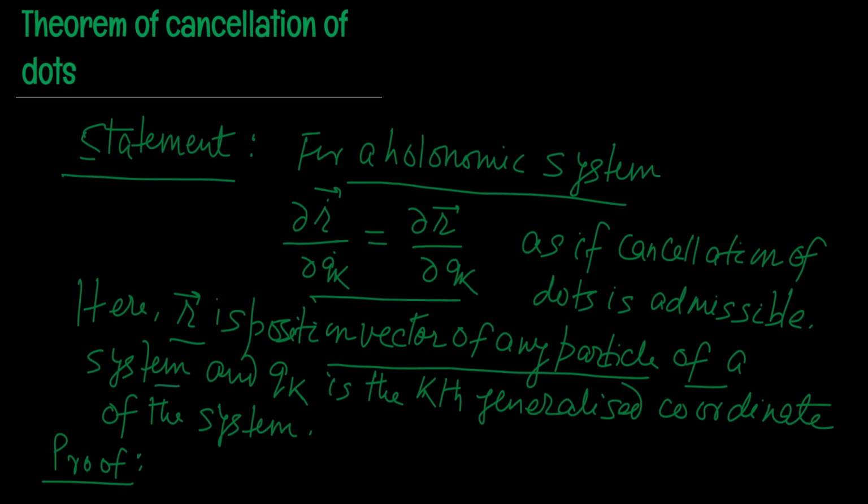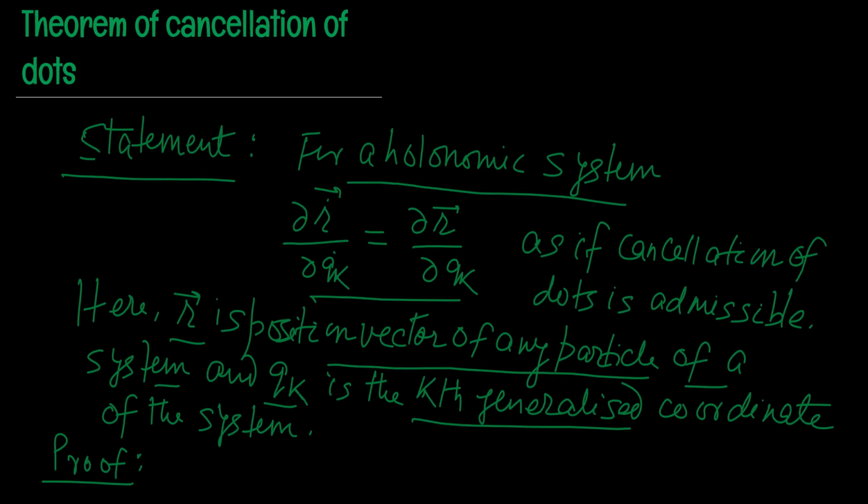And qk is the kth generalized coordinate. Generalized coordinates are denoted by the symbol q, and the subscript k takes f values, where f is the degree of freedom. So qk represents the kth generalized coordinate of the system.